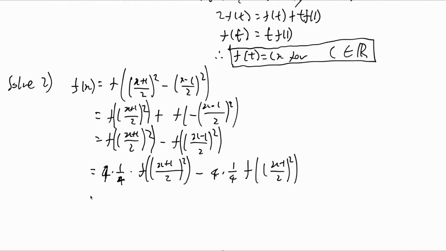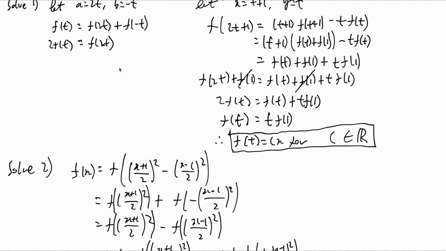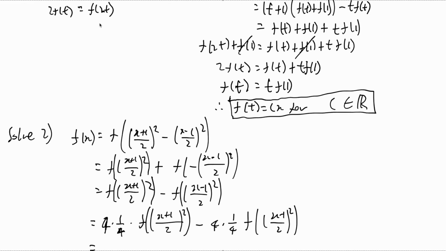Like this. And then we're going to use this property right here. So just consider this whole thing as t, and just think of it as doing it twice.